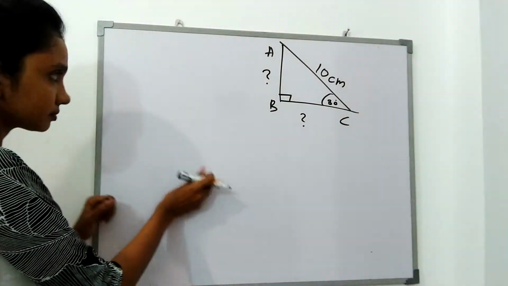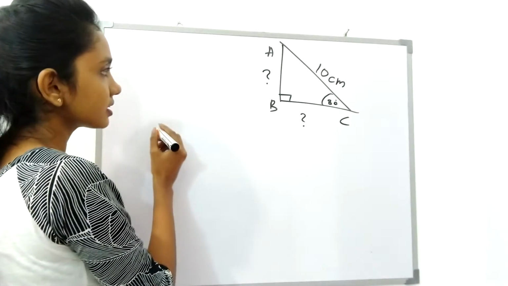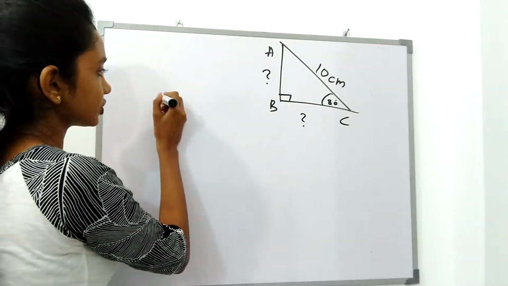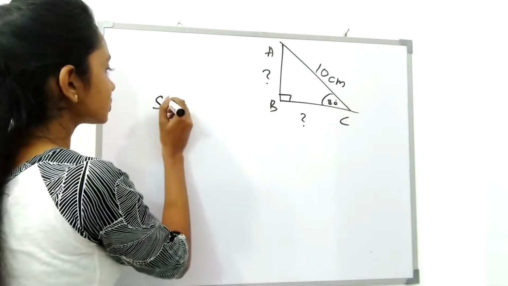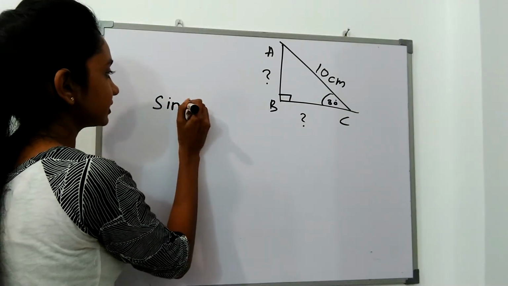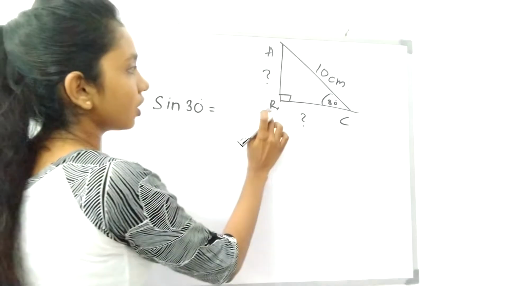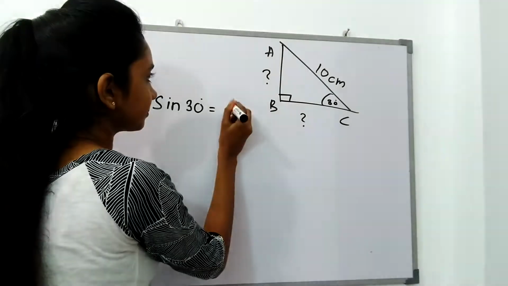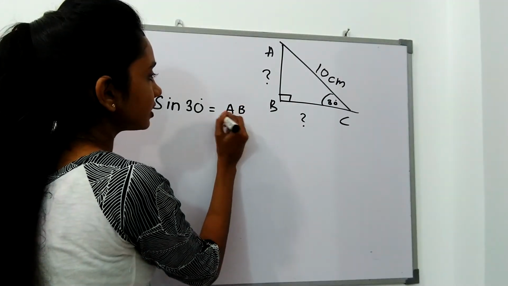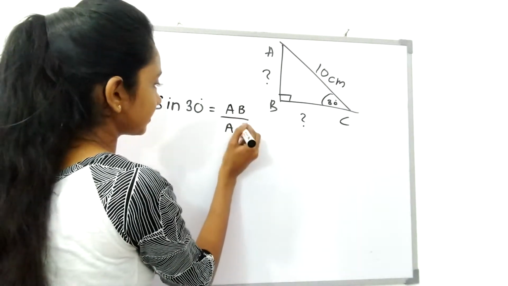First of all, let's apply the sine ratio, considering this angle. Sine 30 is equal to the opposite side AB over AC.